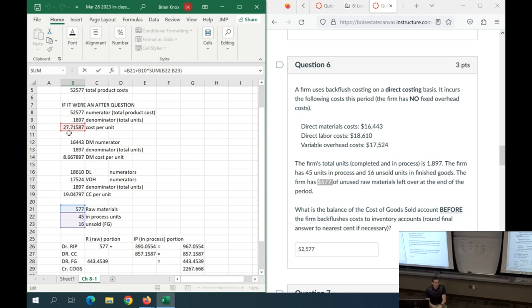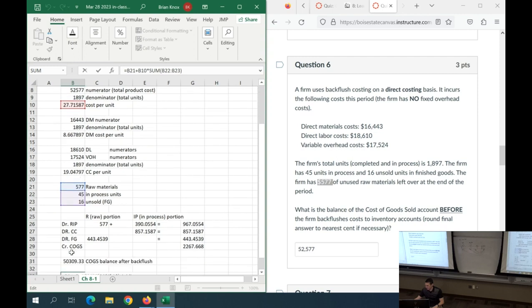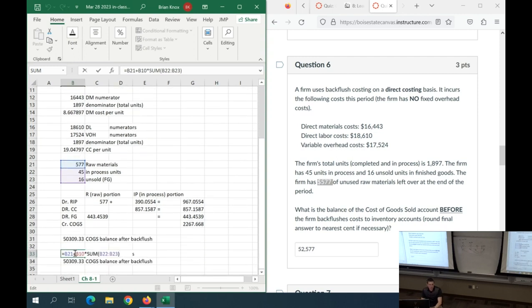I don't care about equivalent units. Chapter 8 is an equivalent unit free zone. And I know that I've got 16 unsold units. They're going to get a full charge as well, $27.72. And so I can just multiply out to figure out what the total debits are and say, oh, well, I'm also going to have to credit that from COGS. That's what that means. I'm backflushing it from COGS and distributing it out to the different inventory accounts.